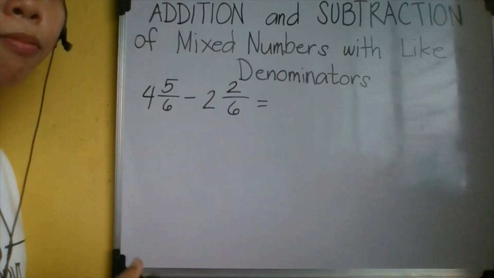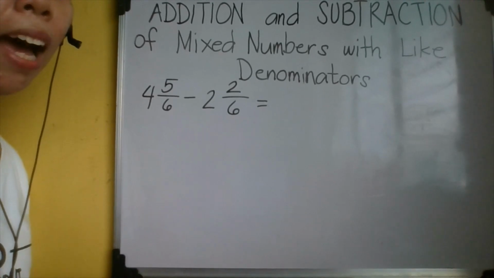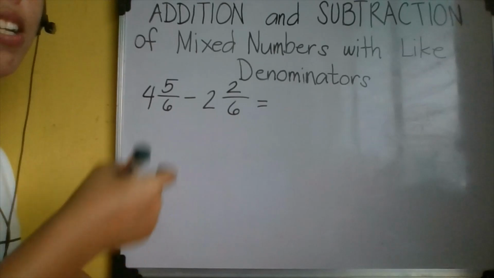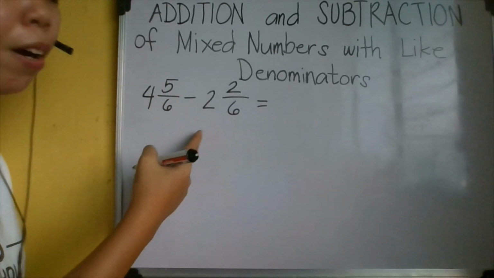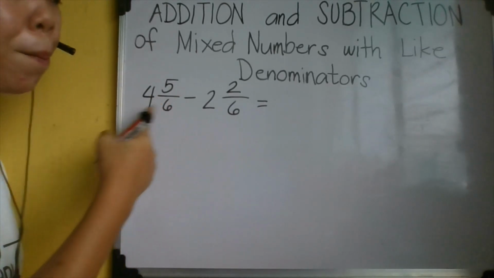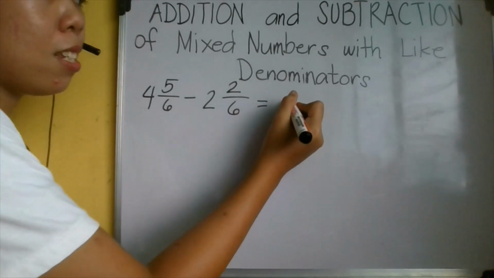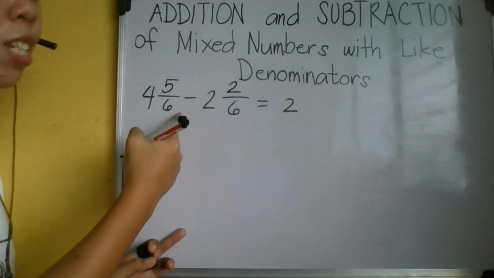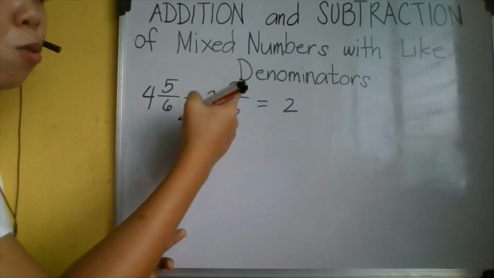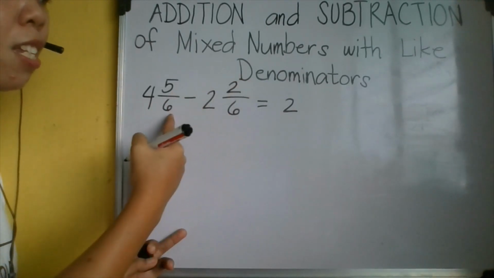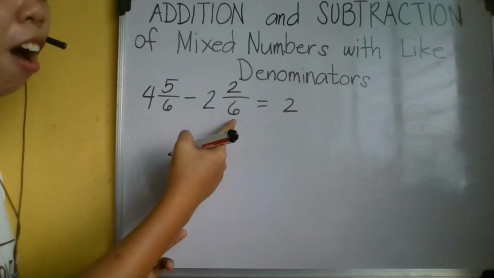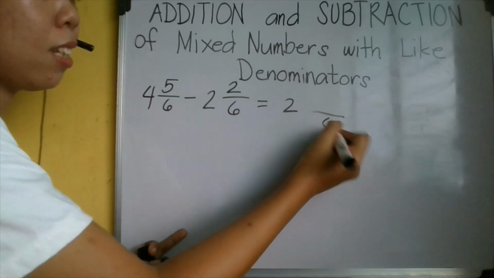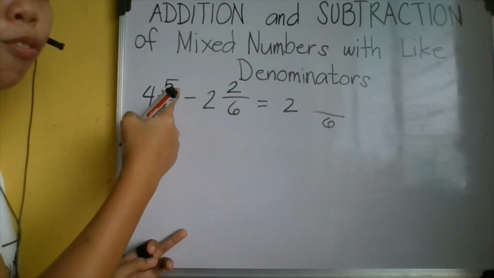Second method ay isasubtract natin una yung whole number saka yung fractional part. So 4 minus 2 is equal to 2. Then subtract 5 over 6 minus 2 over 6. Since they have the same denominator, just copy 6, then subtract the numerators, 5 minus 2, 3.